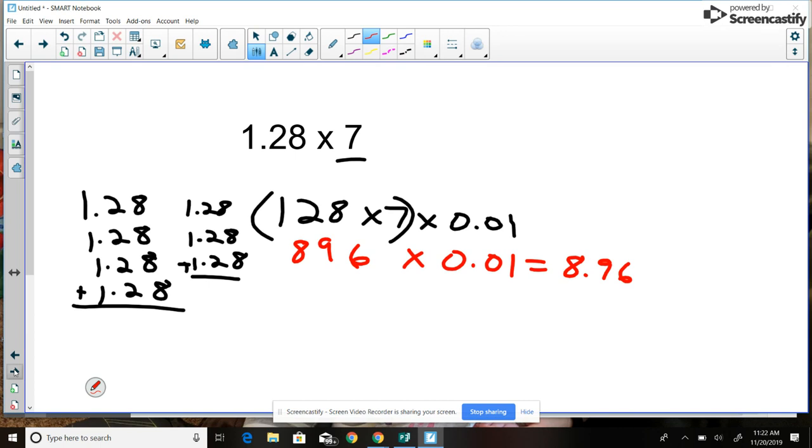Notice how I had 3 digits in the whole number places, but when I take it times 100th, they both have to move 2 places back. 90 goes to 1 and then a tenth, 6 to a tenth and a hundredth, and the 8 goes back to the ones place. That's something we talked about at the beginning of the year.